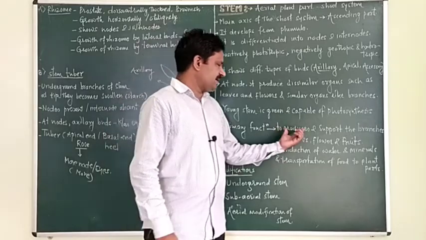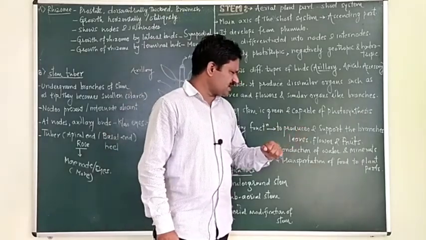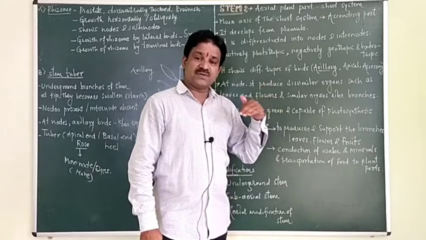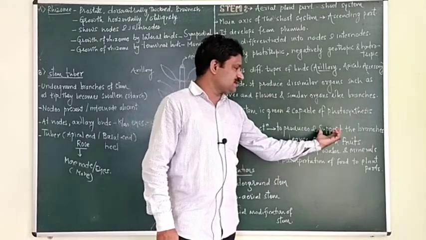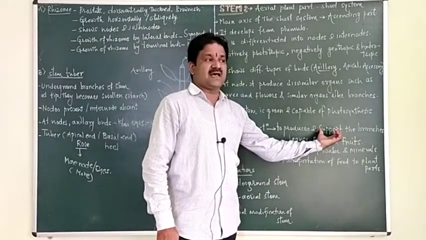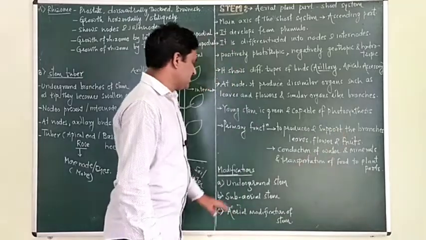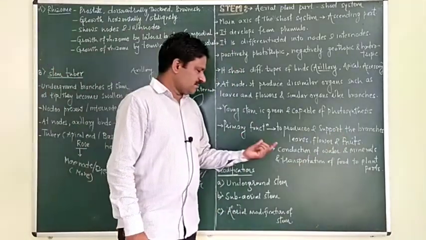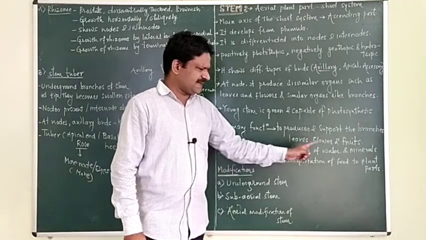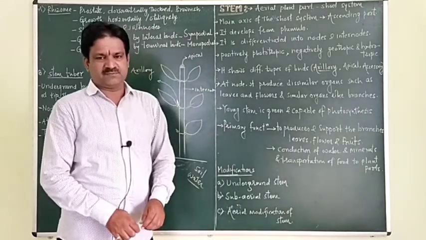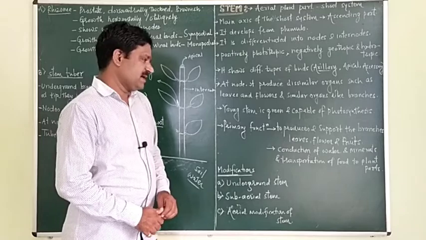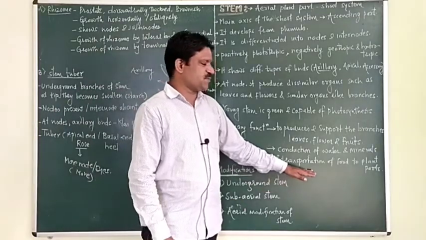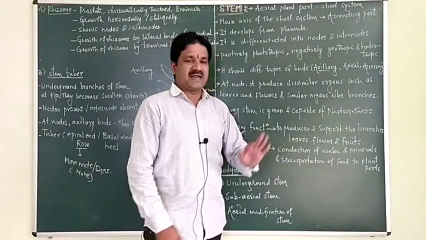That's why the stem produces all these structures, and it also gives support to them, because all the structures are located on the stem. That is the primary function. The second function is that the stem conducts water and minerals with the help of conducting tissue, that is xylem, and it also helps in the transportation of food to the plant parts.